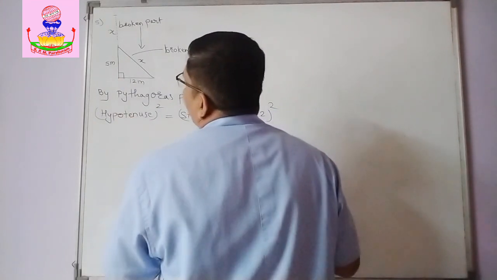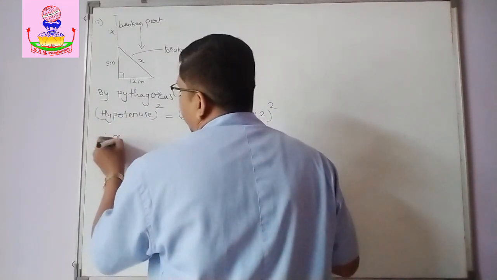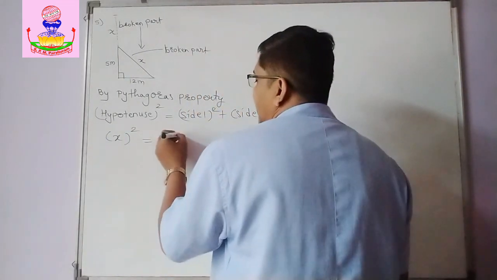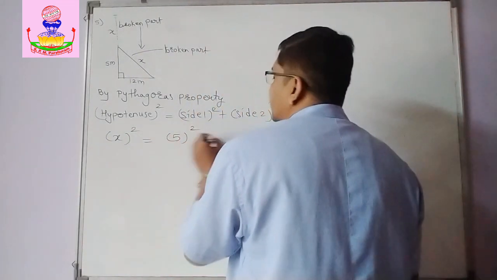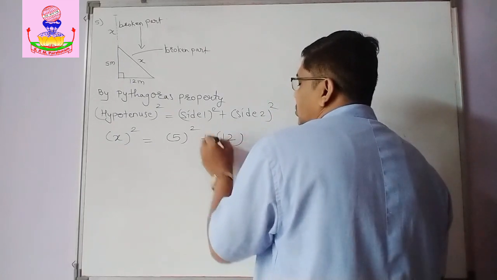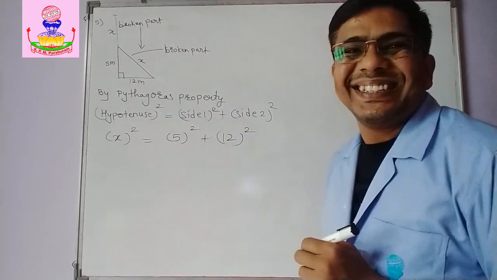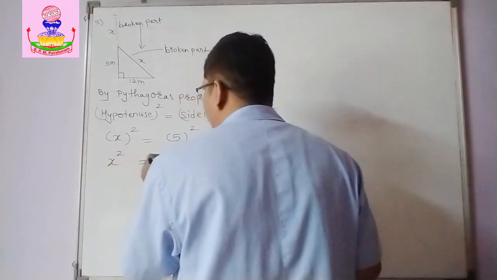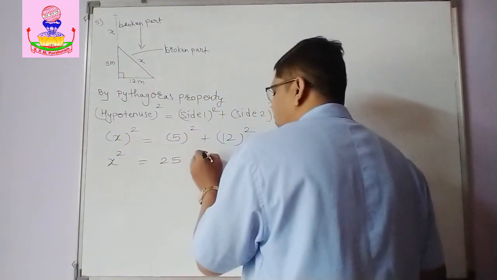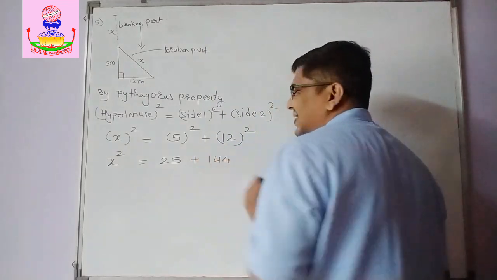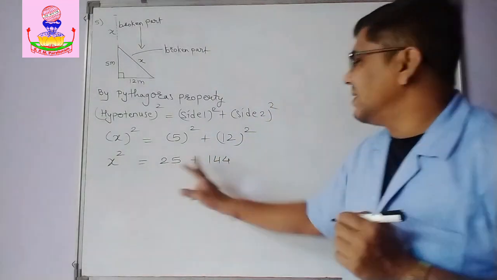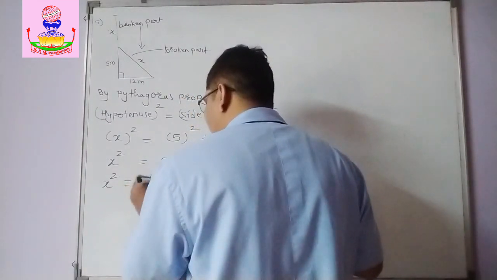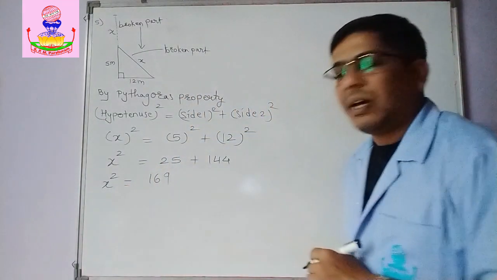Now what is the hypotenuse? x. So x square is equal to side 1, that is 5 square, plus side 2, 12 square. Square of x is x square. Square of 5 is 25. Square of 12 is 144. Now add this: 144 plus 25 comes out to be 169.